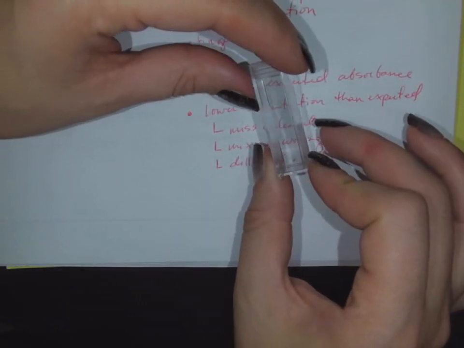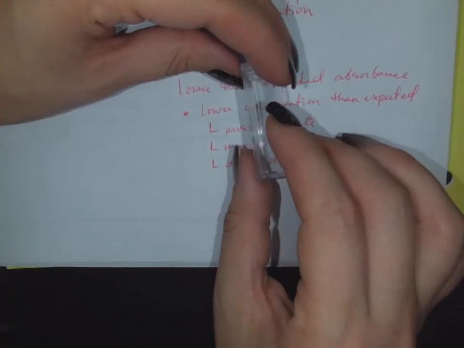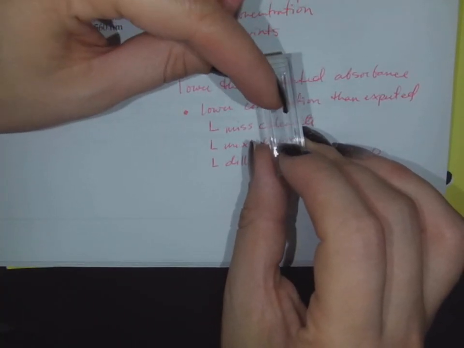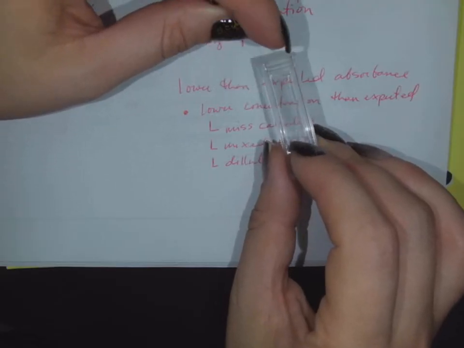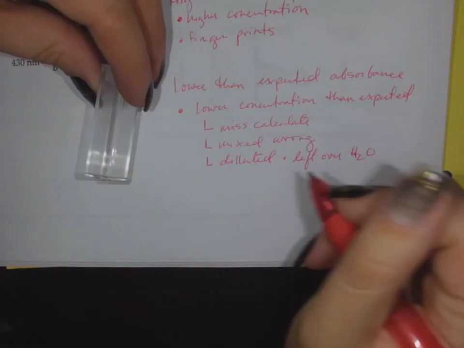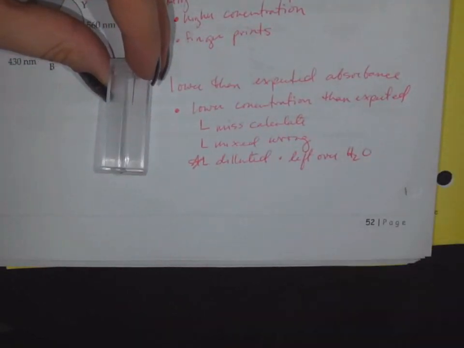And the reason why we dump it out once is because what if water gets stuck on the edges? If water gets stuck on the edges and then I add the new solution, it's actually diluting what we're putting in there. And AP loves questions like that, where the concentration is lower than you expect.